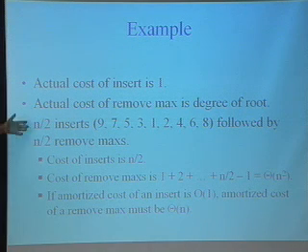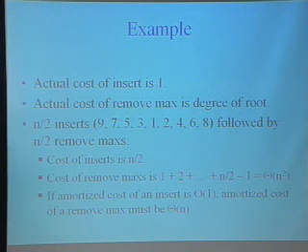All right, so from this example, what we see is that one of these two operations, the insert or remove max, has to have an amortized cost that is order of n. Otherwise, you can't pay for the total n squared cost. Okay. All right, any questions about that?